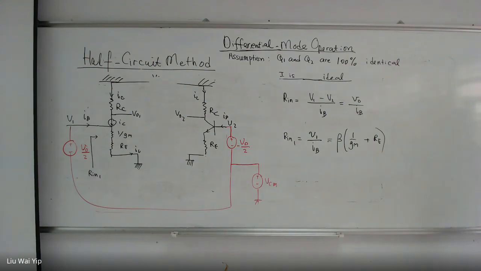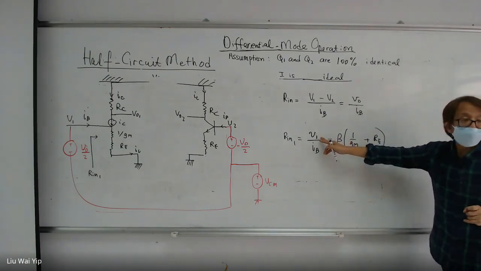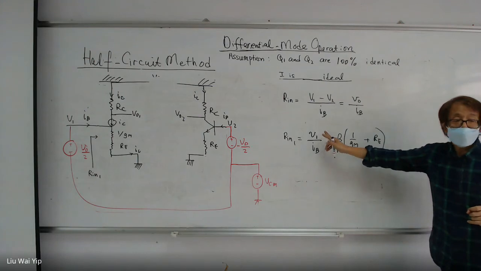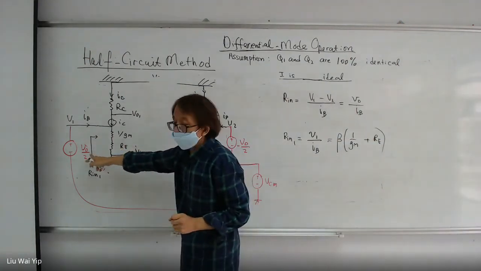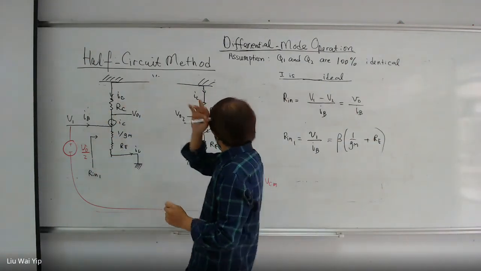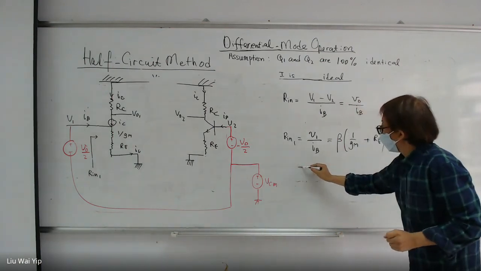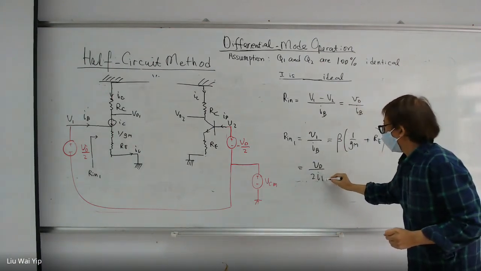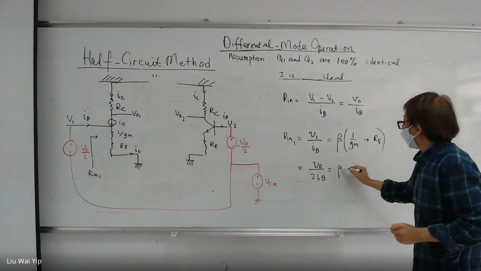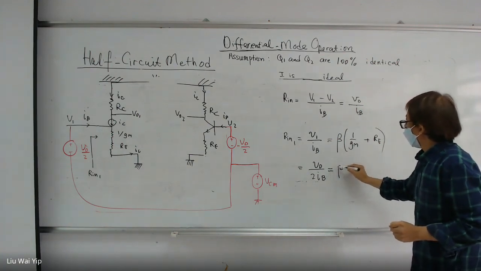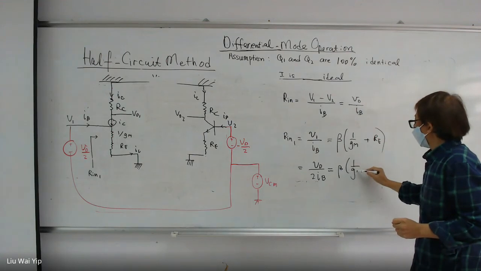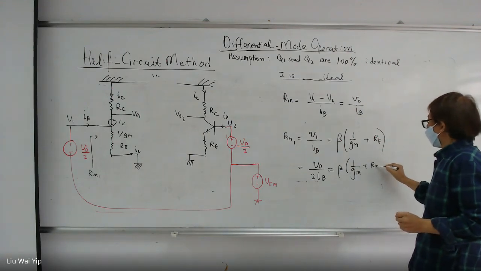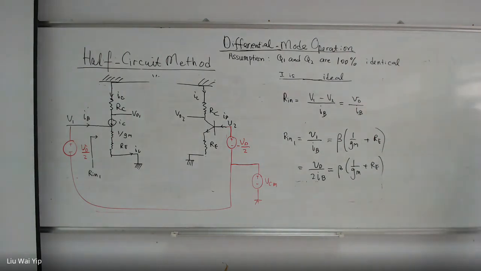What is the next? What we can do is find the expression for V1. What is V1? VD divided by 2. Correct?